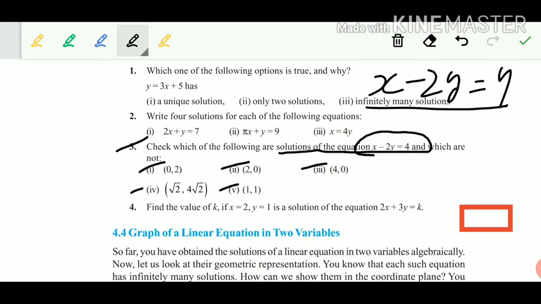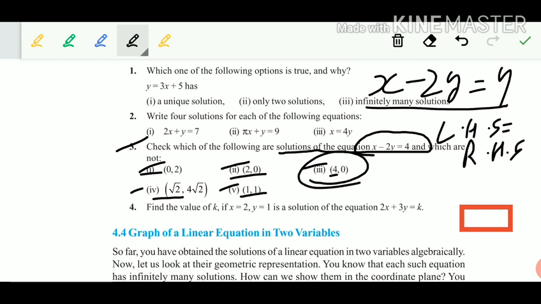We have discussed that a solution is the values of x and y for which, when we put them in that equation, the left hand side is equal to the right hand side. Now put any value out of these and check whether the left hand side is equal to the right hand side. If both are equal then it is a solution, otherwise it is not a solution of the given equation. Let's put this value (4, 0).